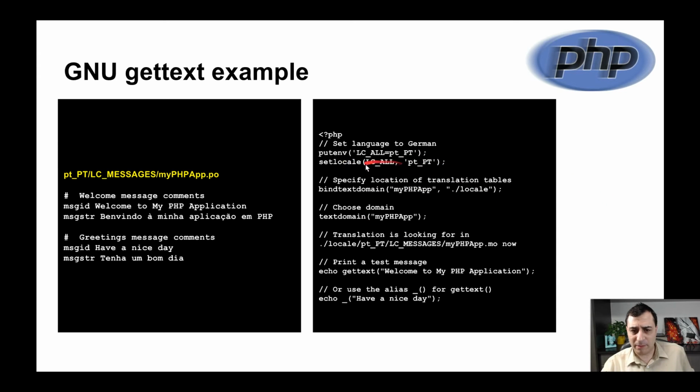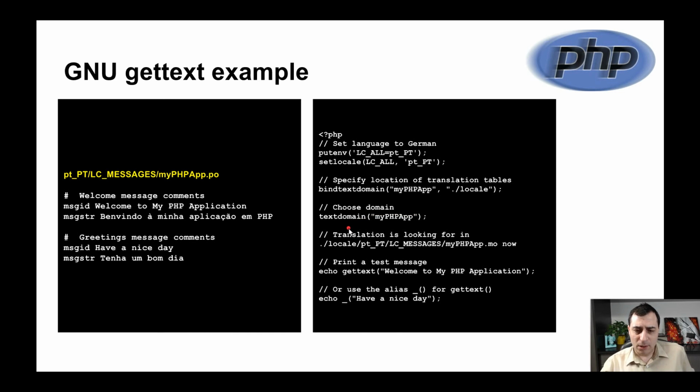First, you have to define some environment variables to specify which language you are using. Then you can define a domain of your application, in this case my PHP app, which will tell the gettext extension from which directory it should load these MO files.